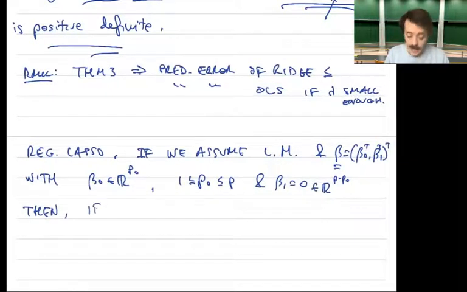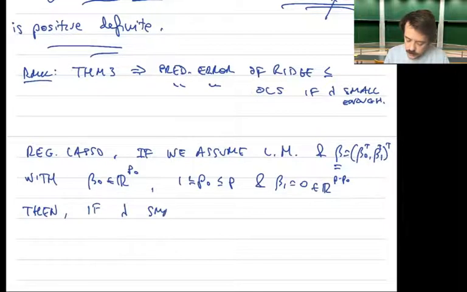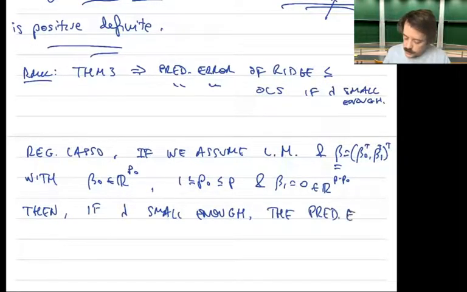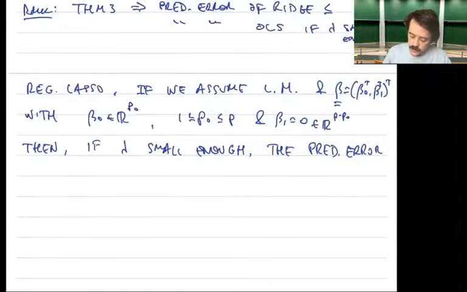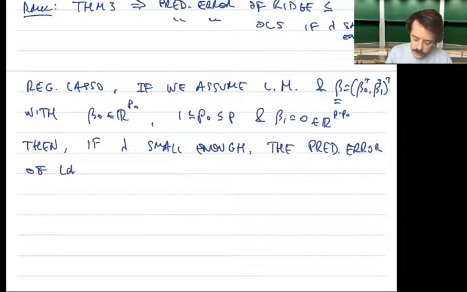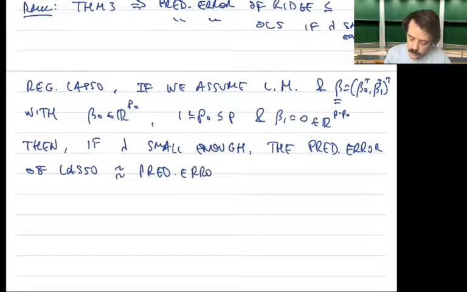again, if we have that lambda is small enough, the prediction error of lasso is going to be approximately the prediction error of the oracle estimator.